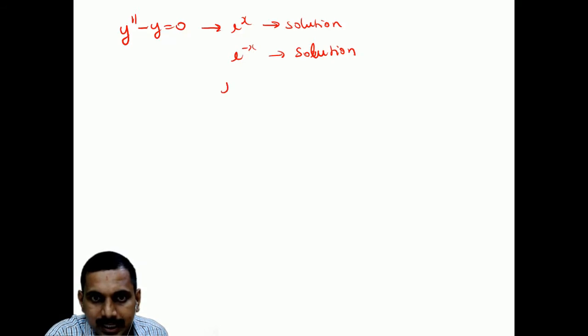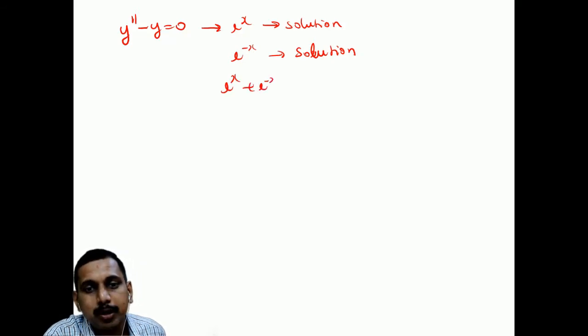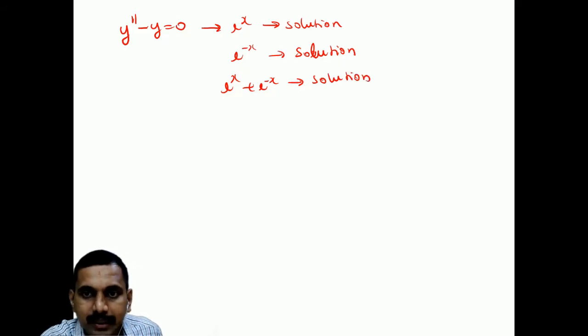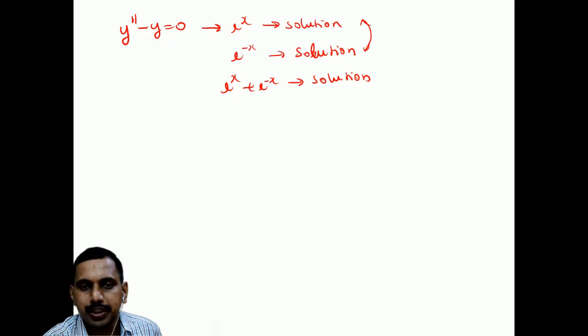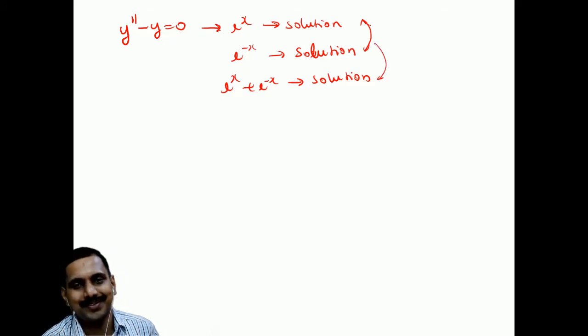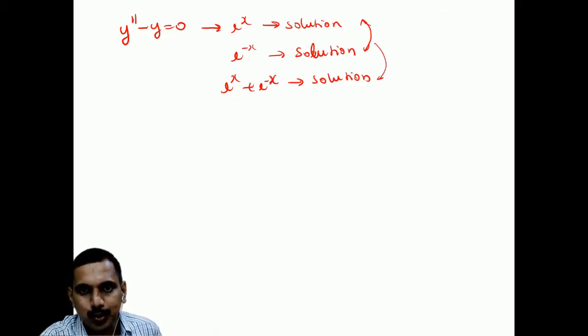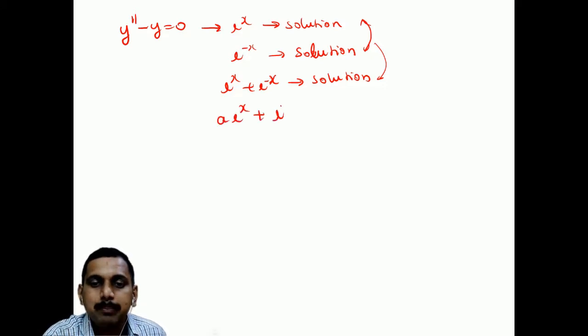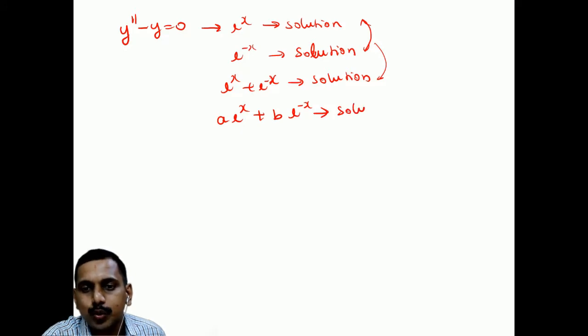Then we checked e power x plus e power minus x, which is also a solution. So what is it? The addition of two solutions is also a solution, correct? When you add two solutions, it is also a solution. Next, we did a into e power x plus b into e power minus x, and we saw it is also a solution.